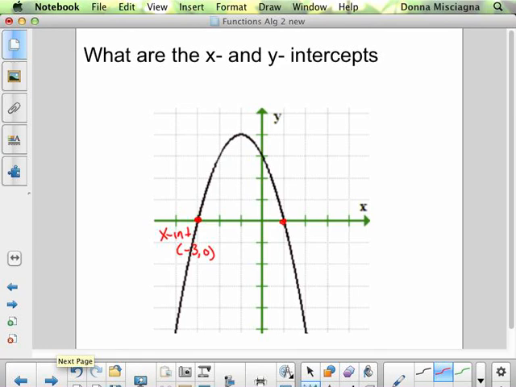That's the point (1, 0). And then here we have the y-intercept, where the graph crosses the y-axis, and that's the point (0, 3). Let's label that y-intercept. So there we have labeled the graph with the two x-intercepts and the one y-intercept.